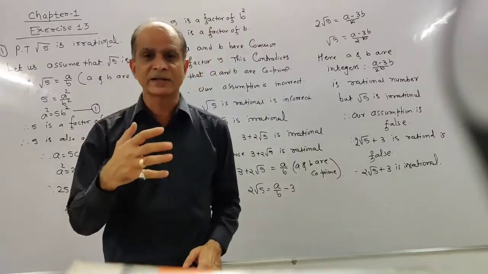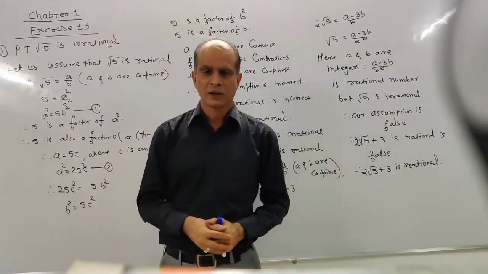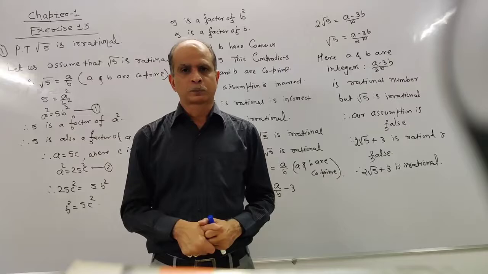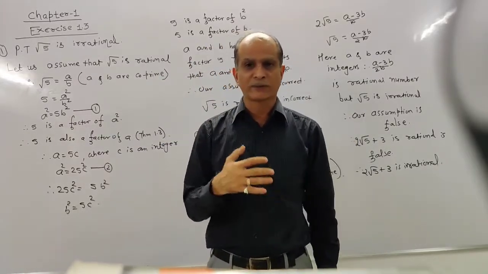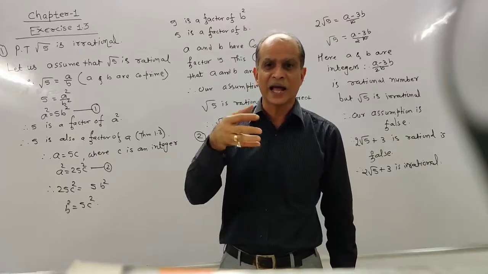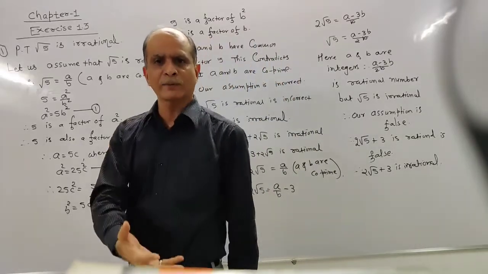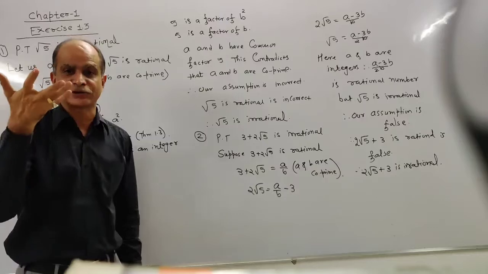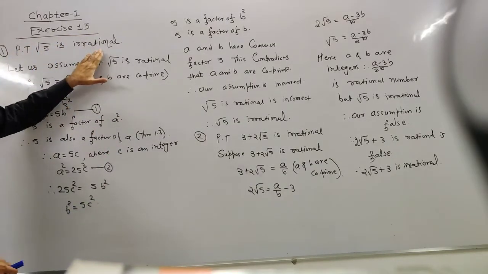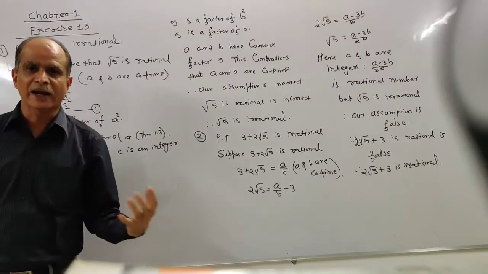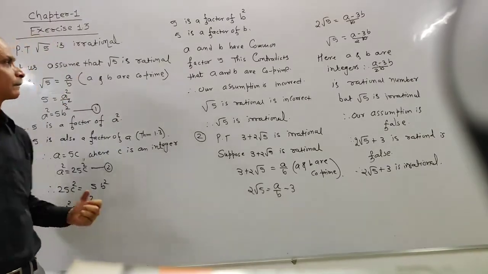We have already studied this in 9th standard. There are two types of proof. The first one is direct proof and another one is indirect proof. In indirect proof, there is one method, that is the contradiction method. So here, to prove under root 5 is irrational, we are using the indirect contradiction method.